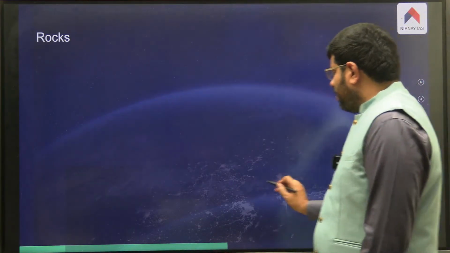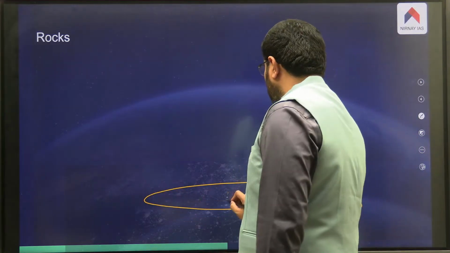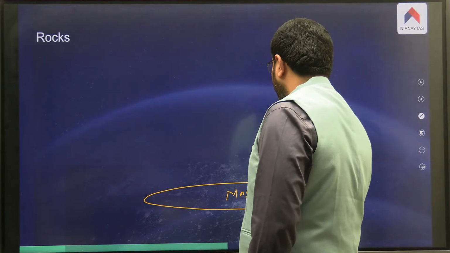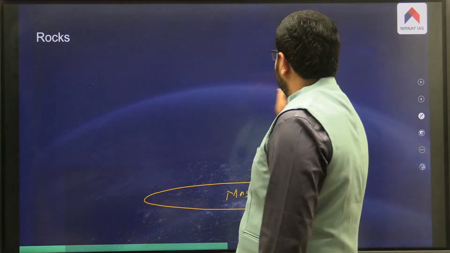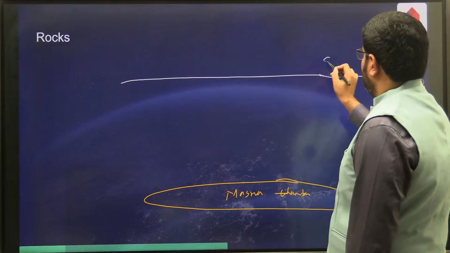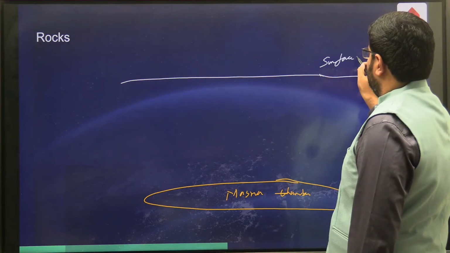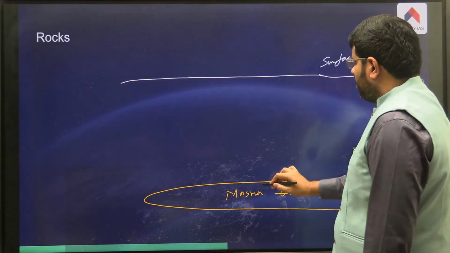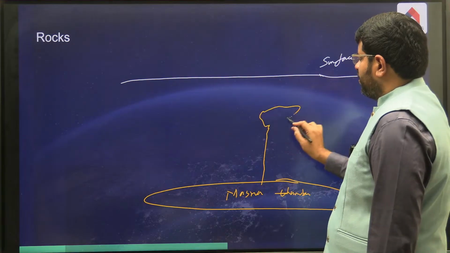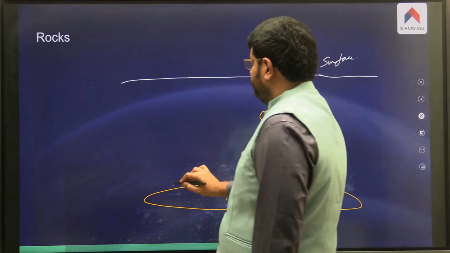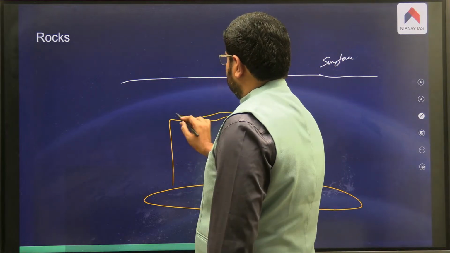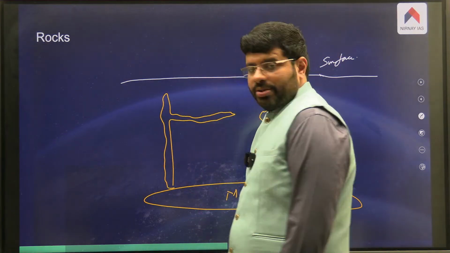if this is the magma layer, a magma chamber, and this is the Earth's surface, sometimes a magma chamber in the Earth's surface will create a variety of structures like this, whatever.